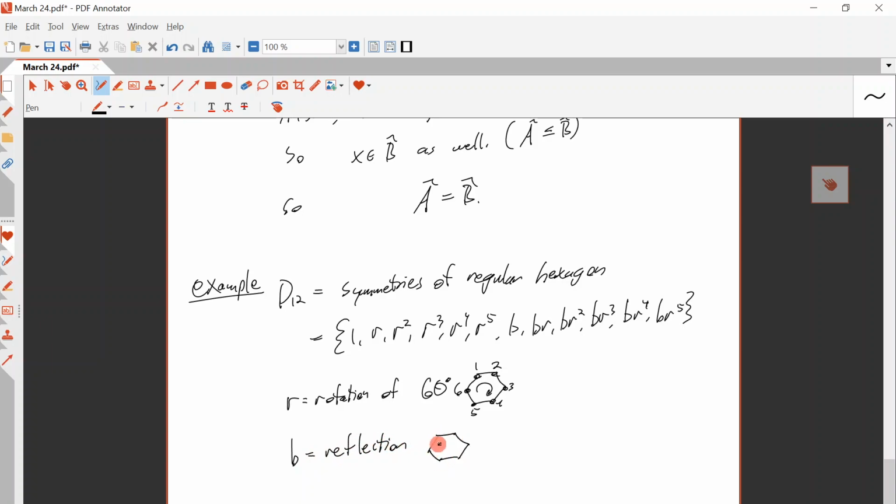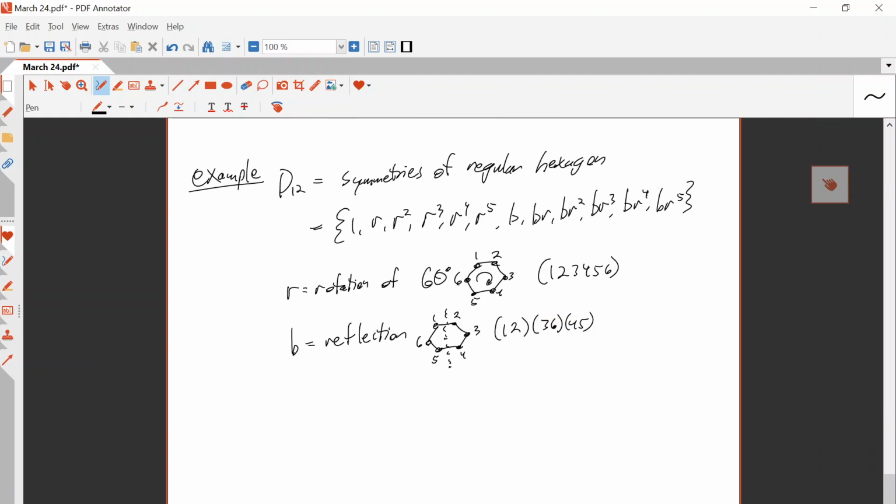We'll say around the horizontal line like that. So this is the permutation 1 through 6 shifted, 2, 3, 4, 5, 6, 1. This is the permutation 1, 2, 3, 6, 4, 5.